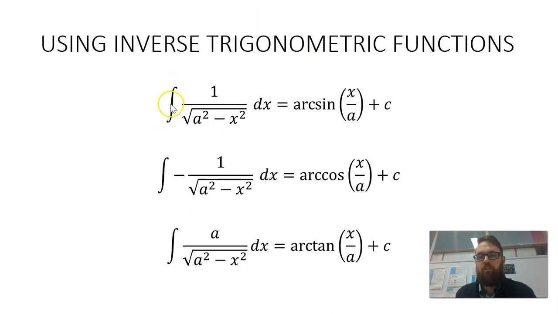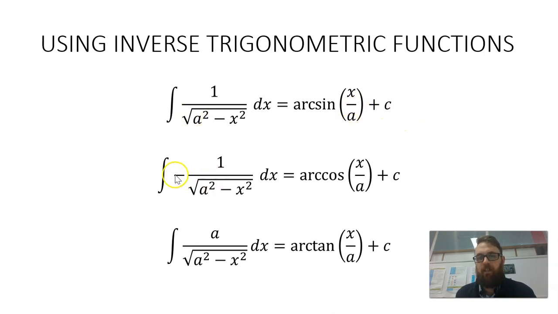So if we get the integral of 1 over the square root of some number squared take x squared, if it looks in the form of this, our answer is going to be equal to arc sine of x over that original number, plus our c as per usual.